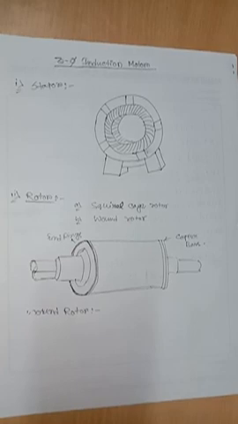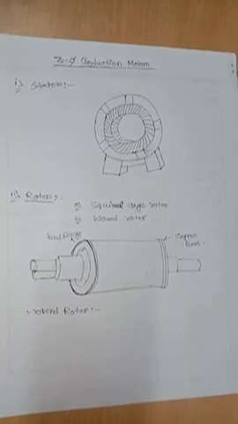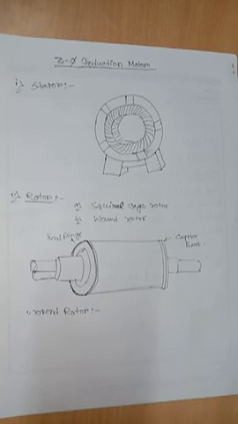The open ends of the rotor windings are brought out and joined to three insulated slip rings mounted on the rotor shaft, with one brush resting on each slip ring. So we'll draw the rotor winding.